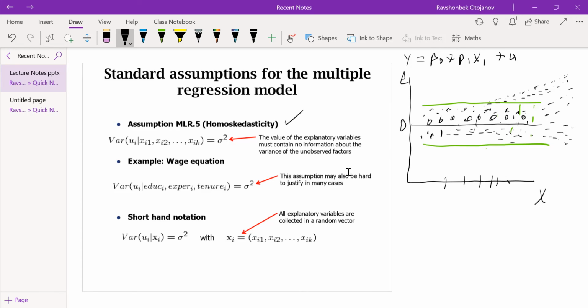They could expand in this fashion. So in that case, notice that the distance here is higher than the distance here. So the variance at this point, corresponding to, let's say, xn, is higher than the variance here. So we cannot assume that the variance in that case is constant. So this is a violation case, where sigma squared is simply a sigma i squared as a result, or that's not the case.